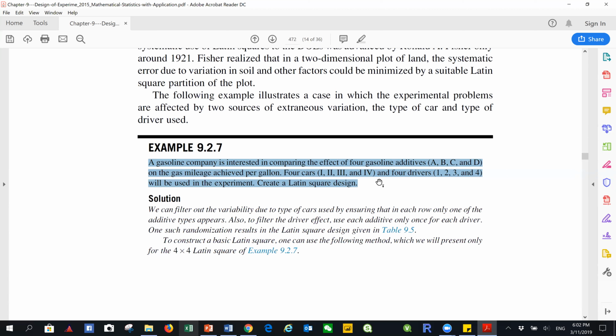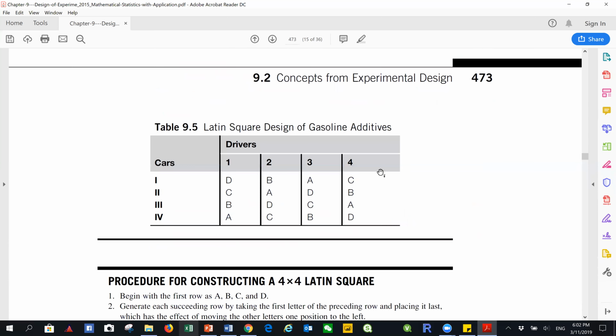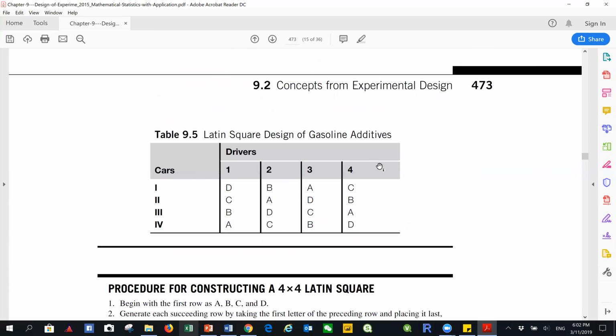So cars is a factor, drivers is another factor. So what shall we do? You have 2 factors and you have 1 treatment. So the best idea is to use a square design, which is called Latin square design.